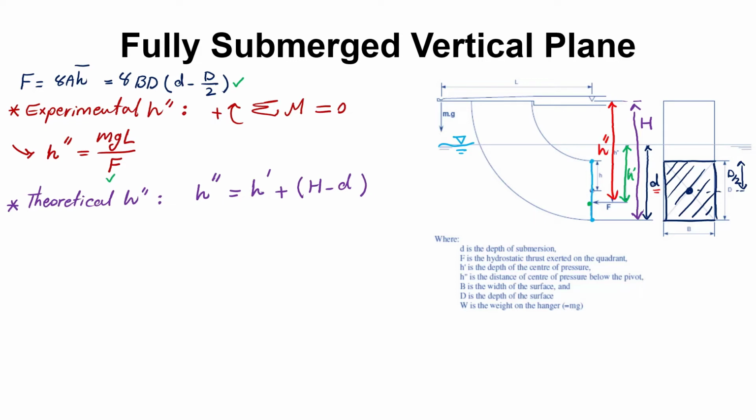Okay, now the problem is that we don't know how to calculate h prime. Well, we know that h prime is the center of pressure. So center of pressure is h prime.